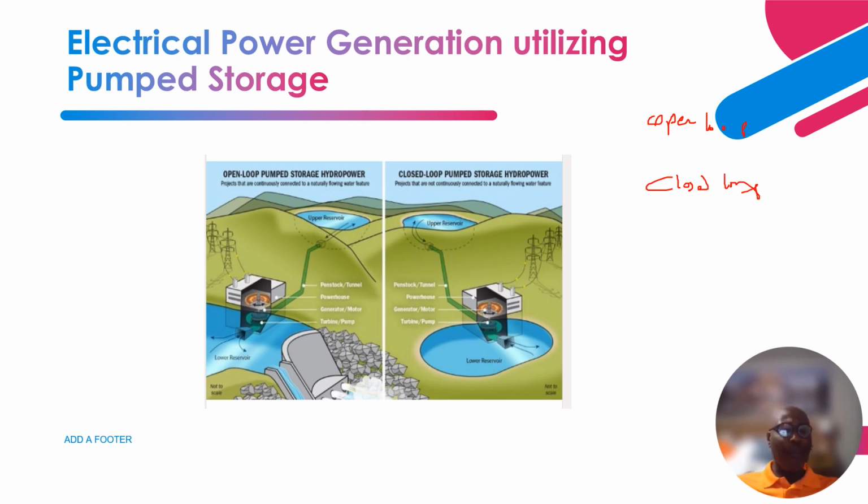For the open loop, this is the reservoir located in the mountain area that has been carved, a large reservoir, maybe a quarter of a mile to half a mile deep. This is the penstock I was talking about, the piping that is connected to this storage system.